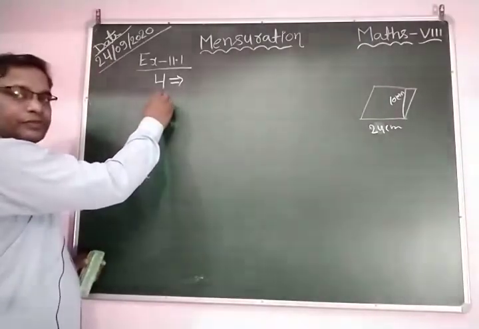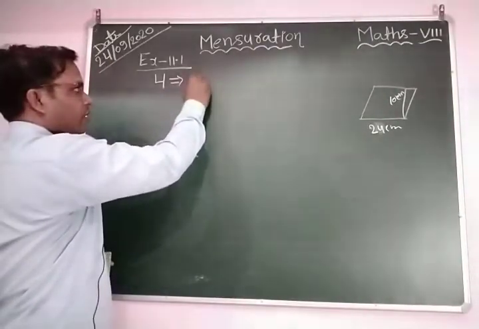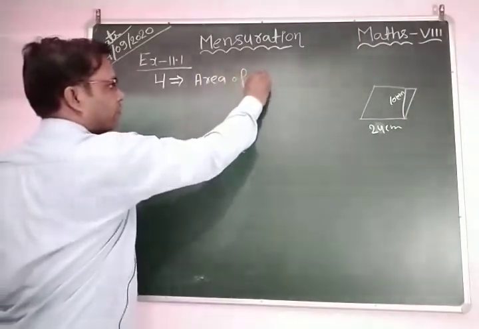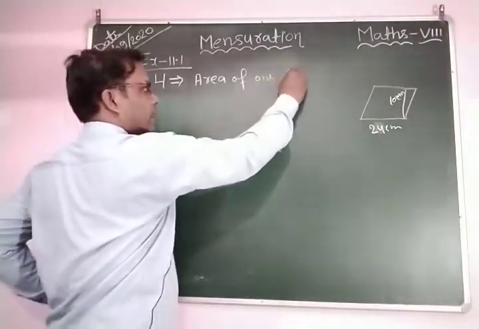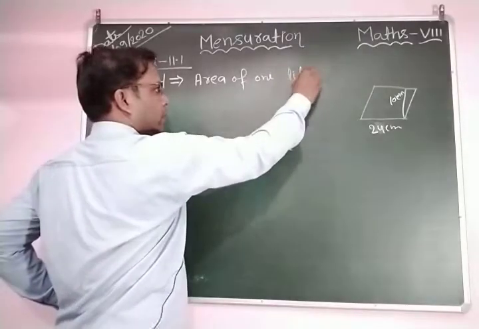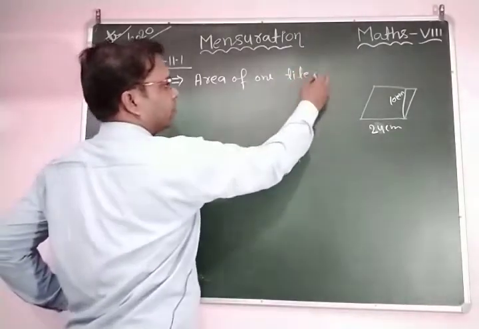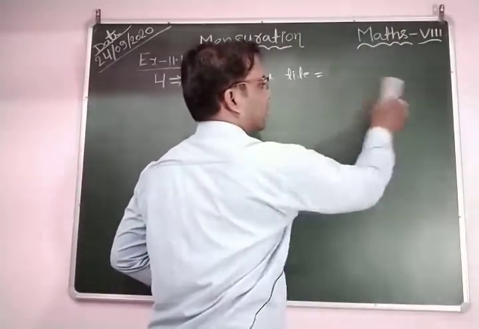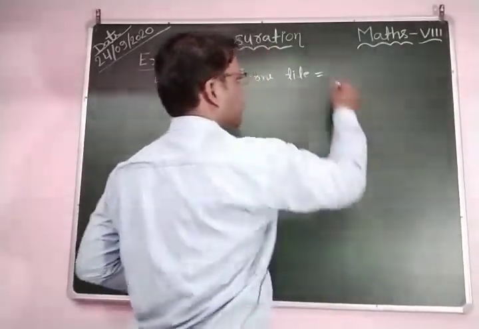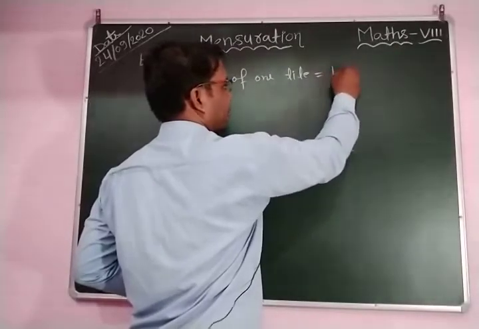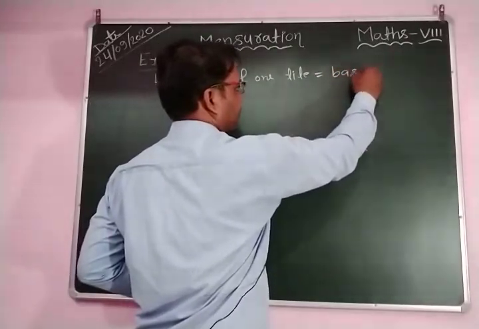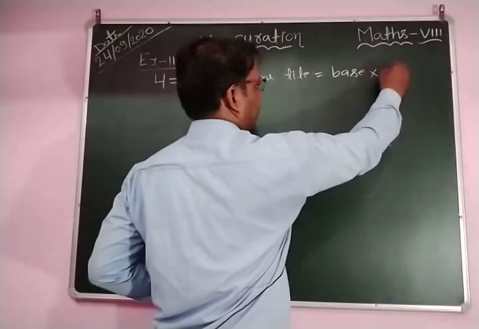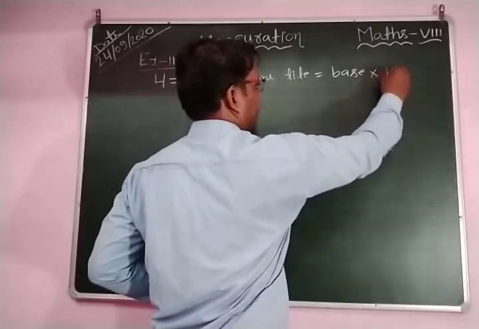So here you can write: area of one tile is equal to base into corresponding height, base into altitude or height. This is the corresponding height.